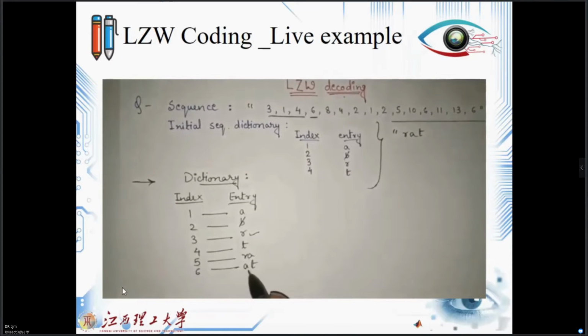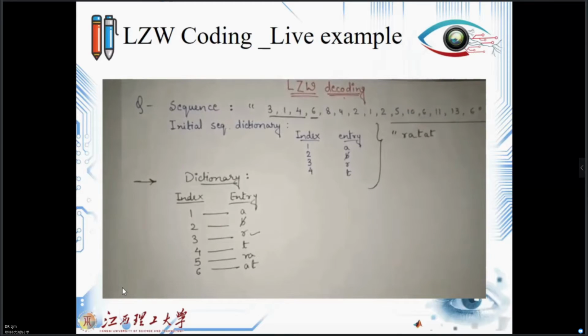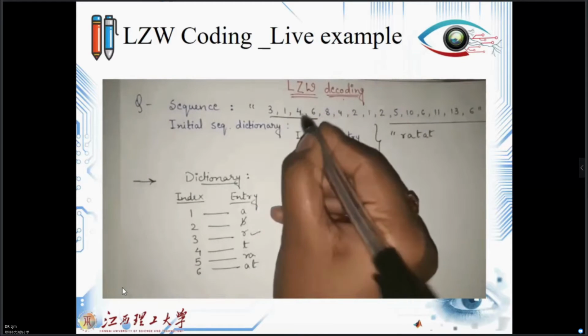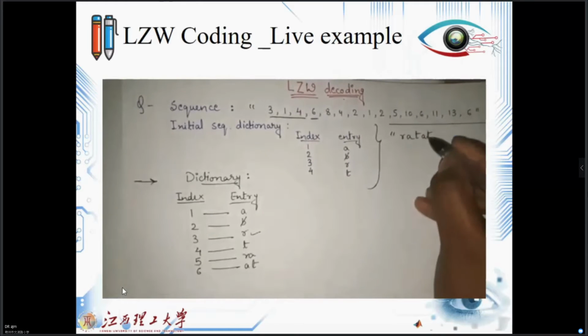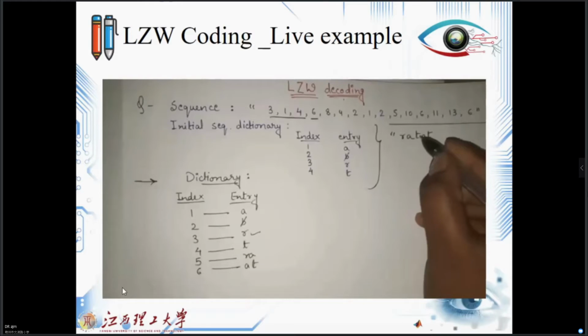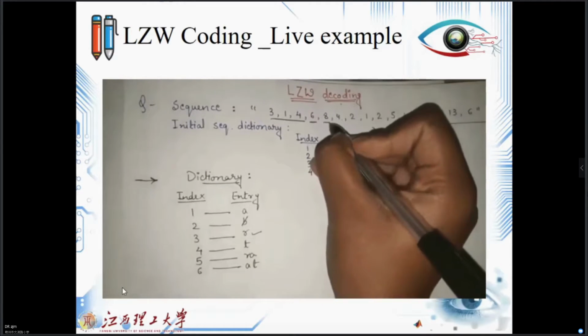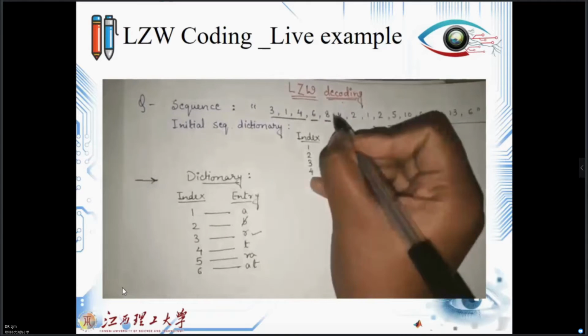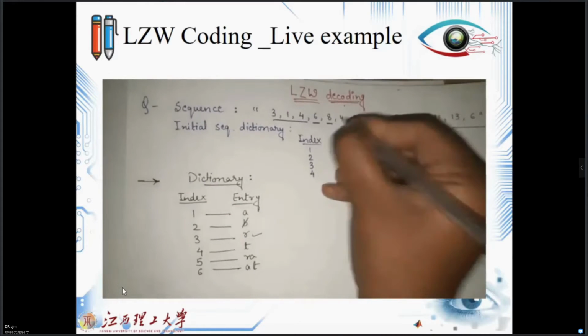We will add it. Then next is 8. 314 will give RAT, and then 6 we generate as the 80. Again, we fall on the same problem. We don't have the 8. 8. What we should do? We should generate again. How we should do? We have the last value of 80.